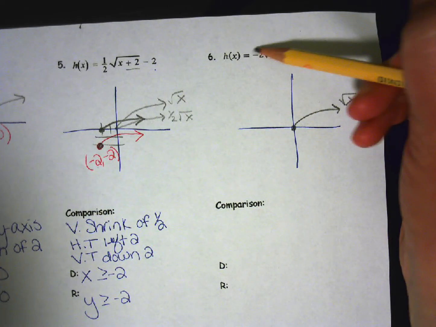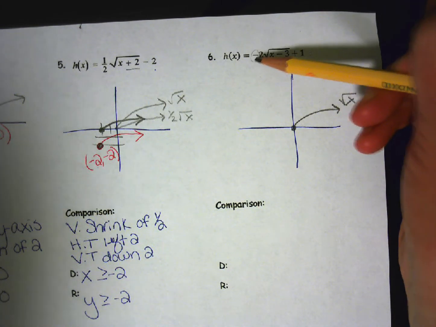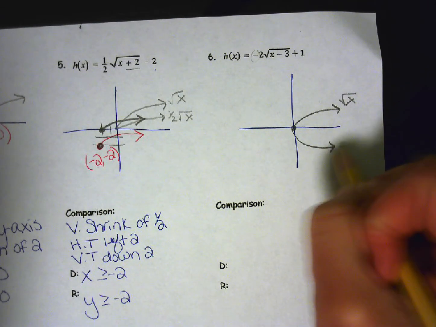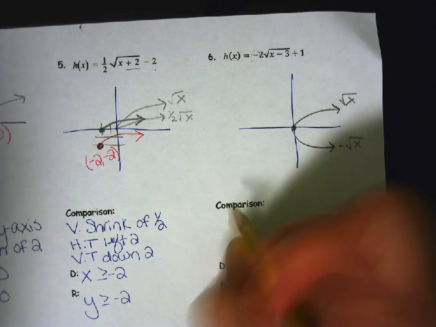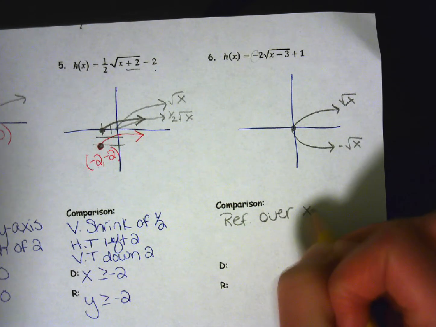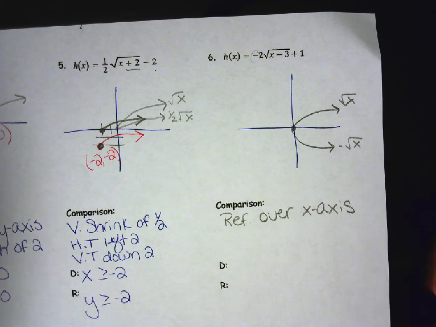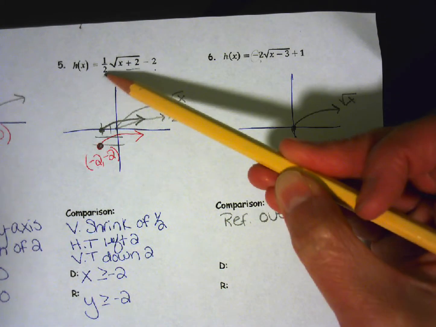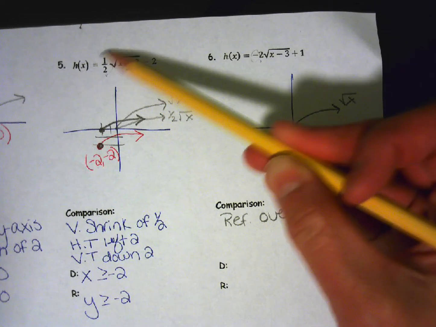Let's go with the negative. Now remember, the negative on the outside is going to reflect it over the x. So there's the negative on the outside. So let's say a reflection over the x-axis. Notice we have a 2 on the outside, just like over here. But do you see how this was a fraction?